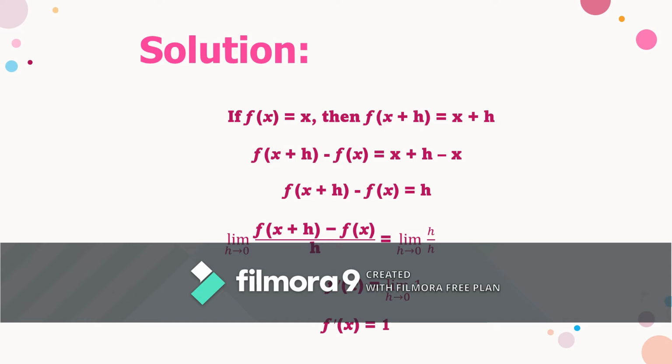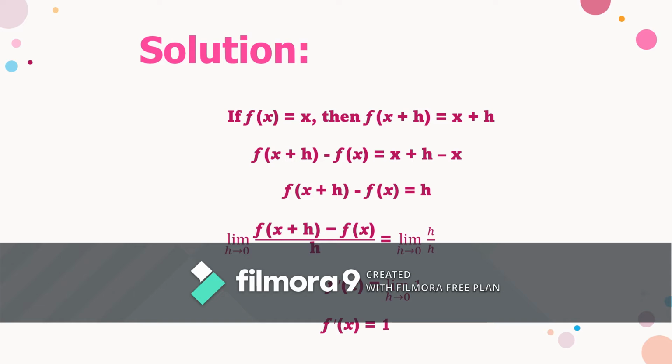We have x plus h, and then we subtract the value of the given, which is minus x. So we have x plus h minus x. Since we have x minus x, that is 0. So what is left is h.